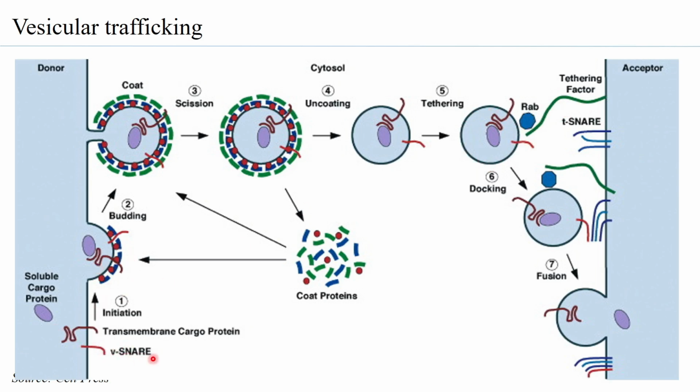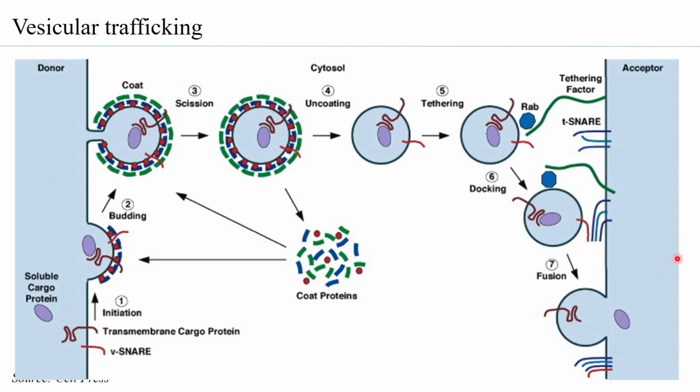This is a protein that can bind to target SNARE. So you see, this will recognize the target SNARE, and so you would have the V-SNARE binding to T-SNARE to dock. So you have the vesicle now docking on this membrane, and once it docks on the membrane, a molecular mechanism follows up to fuse the vesicle in, and you can see over here how the cargo protein which is present here now is present over here.